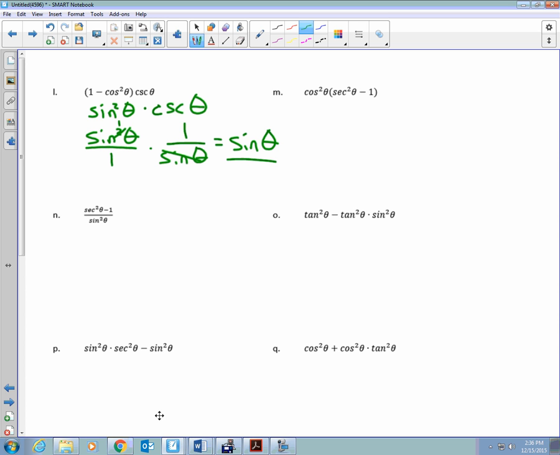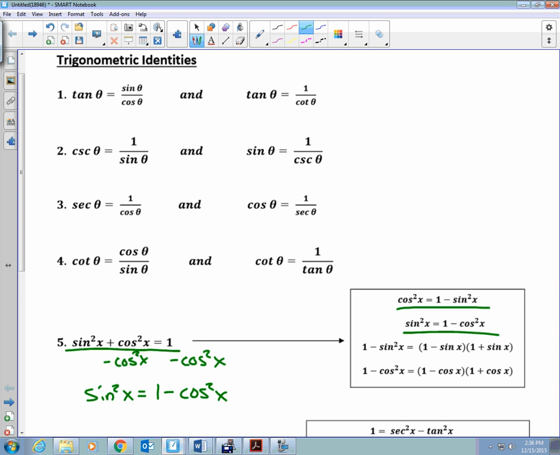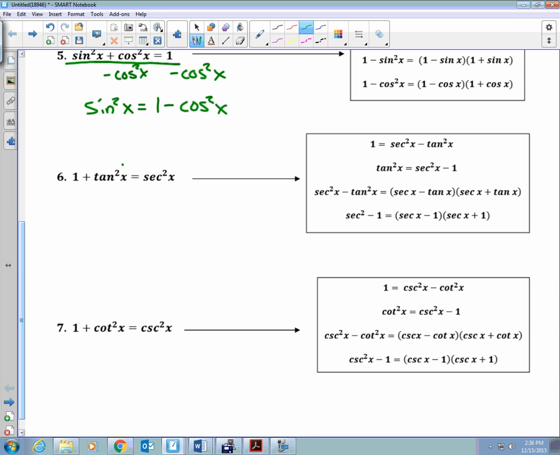Again, look at m. Cosine squared times secant squared minus 1. I could distribute that through, but I'm going to choose not to. I am going to look at what secant squared minus 1 might be. Anytime I have a squared and a 1, there's a good possibility that it matches up with something else. You see something up here that involves a secant squared and a minus 1. Where?